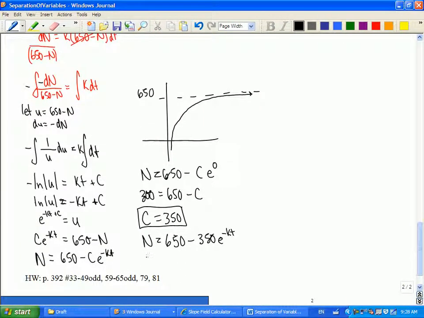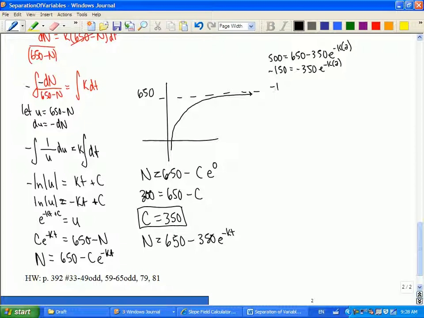Yeah, so the number of coyotes is 500. I'll start up here: 650, take away 350 e to the negative k times 2. If I rearrange this now, I'll have negative 150 is negative 350 e to the negative k times 2.